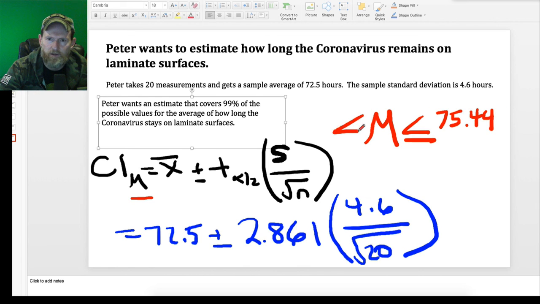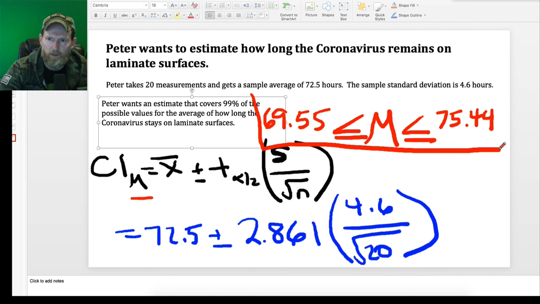And then it's going to be greater than or equal to this minus the product of all this, which I get to be 69.55. So there we go. Our confidence interval, nice and pretty at the 99% of confidence.